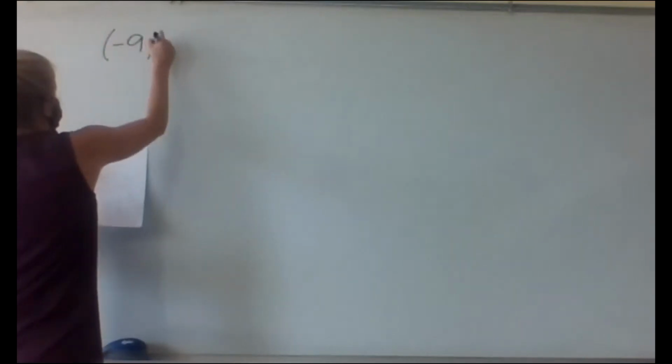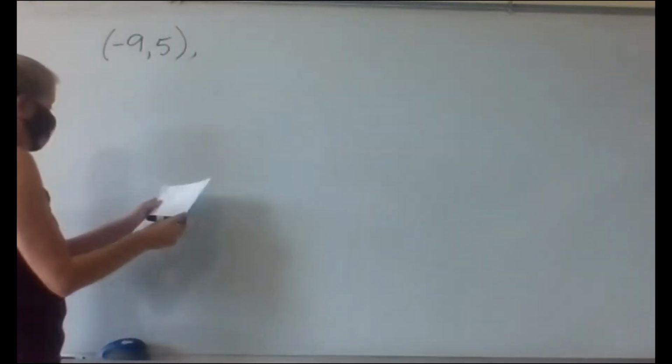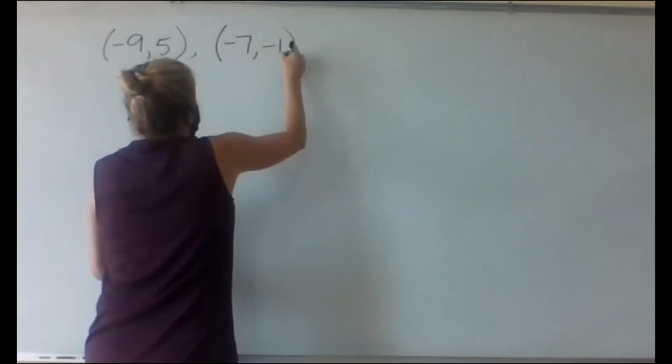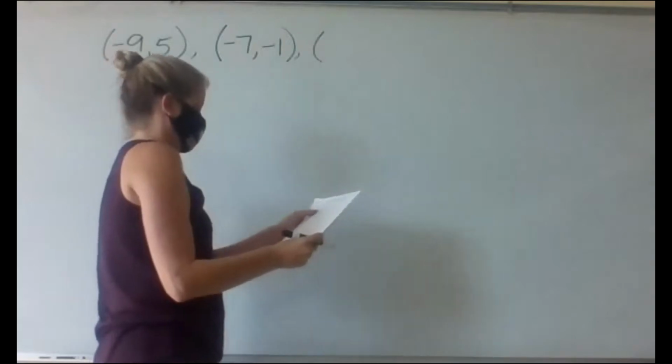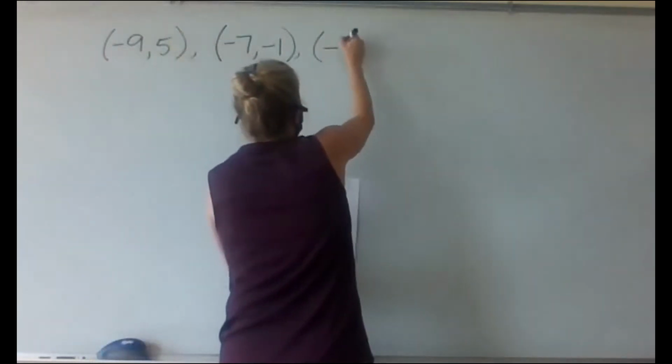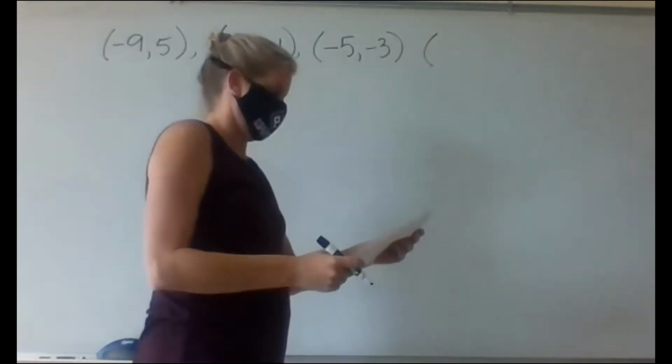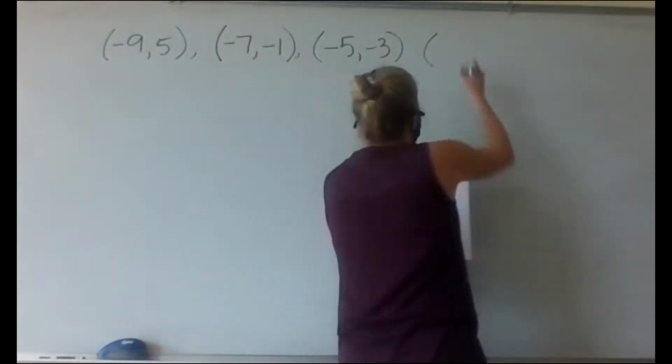And each point has an x coordinate and a y coordinate. So the first point is -5, -9, 5. Second point is -7, -1. Third point is -5, -3. And the last point is 5, -5.